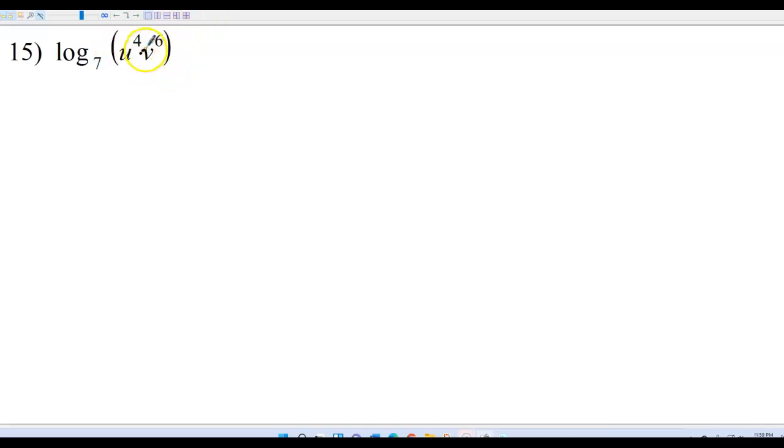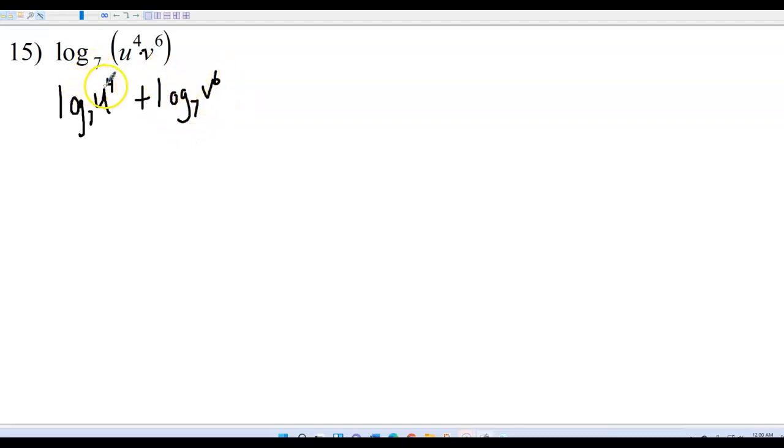The first thing we do is we're going to split it up. We have u to the 4th times v to the 6th. And according to rule 1, if you have an argument that has 2 things being multiplied together, you could rewrite that as 2 logs that are being added together. So it's going to be log base 7 of u to the 4th plus log base 7 of v to the 6th.